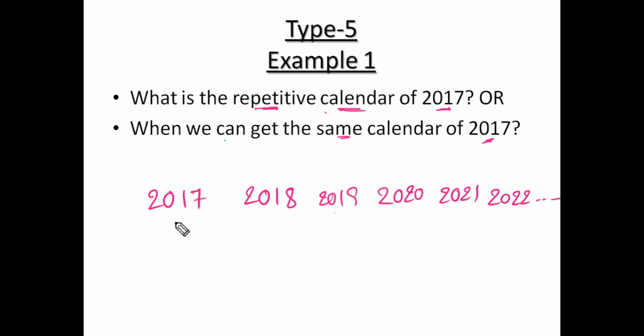How many odd days are there in 2017? One odd day. 2018 consists of how many odd days? One odd day. 2019? One. 2020 is a leap year, so two.